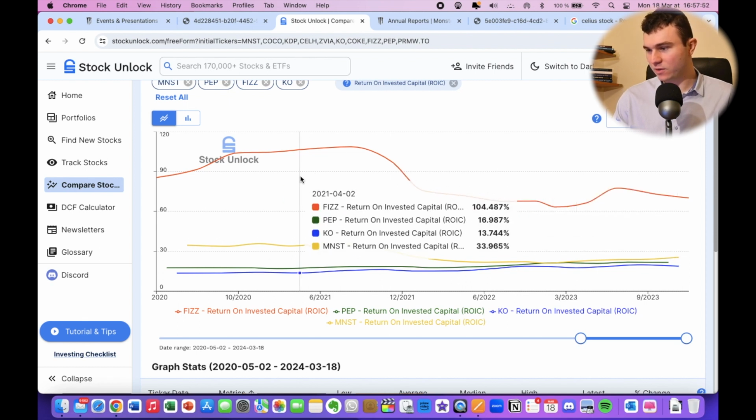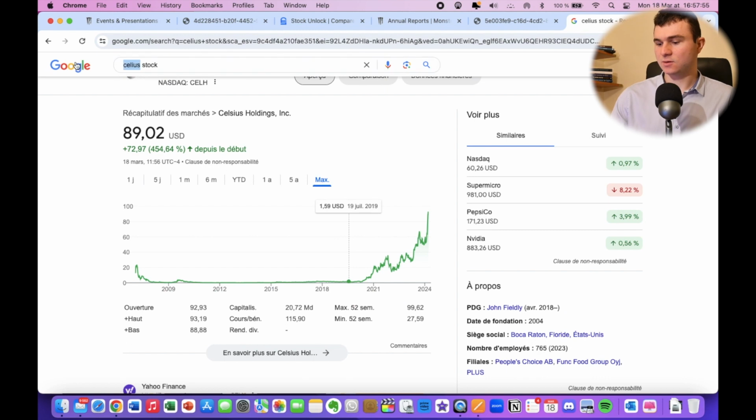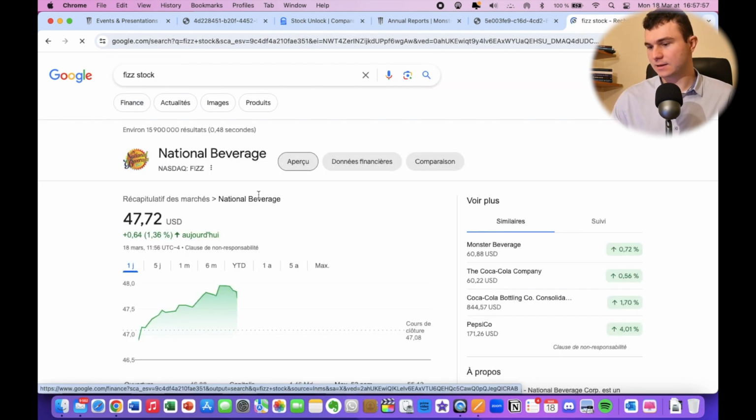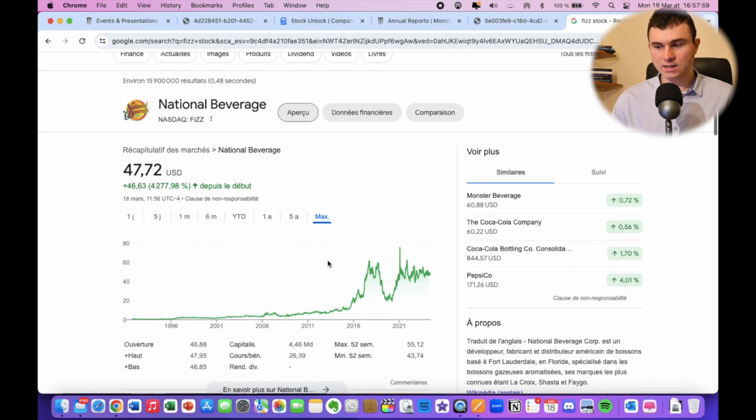So what's happening with Fizz? What's Fizz? Fizz stock here. As I'm doing this exercise, I wanted to analyze Monster Beverage, but I'm also discovering different industries and different stocks, different companies. Fizz can be a very good company. And if you look at this stock price, if you had invested 30 years ago, that's a 40x on your investment.